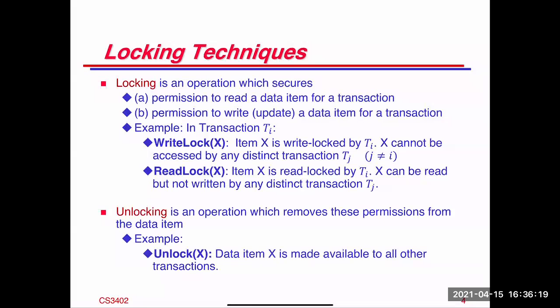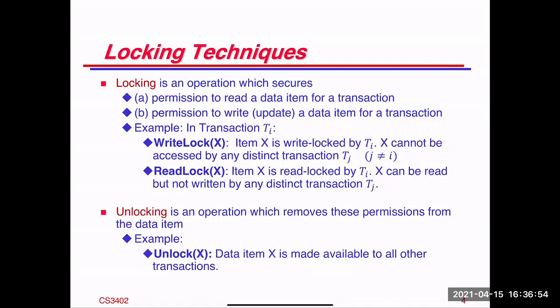Now, since we can lock an item, we should also be able to unlock it. Unlocking is just the operation that removes these permissions that I acquired from the given data item. If I execute unlock X, then the data item X is made available to all other transactions. Just a note: these locking operations, write lock and read lock, are performed before any write or read operation, unless you have already acquired the lock in an earlier operation.